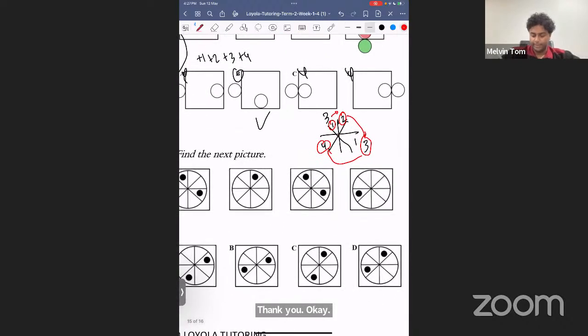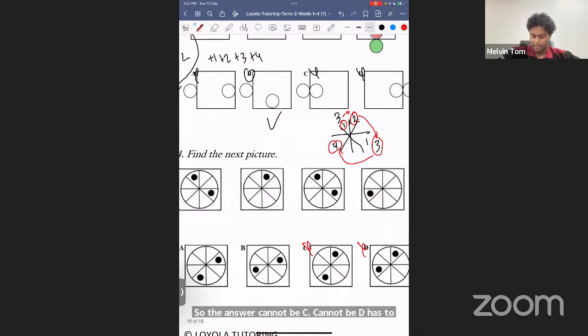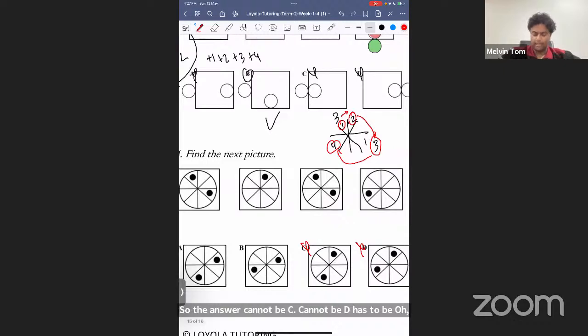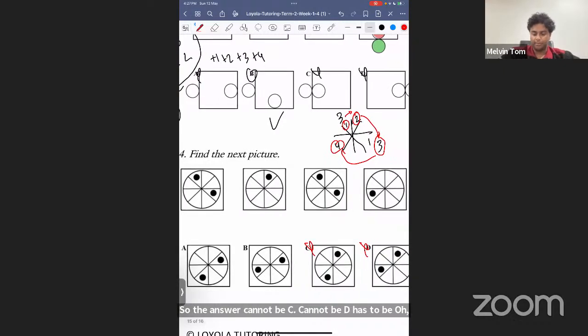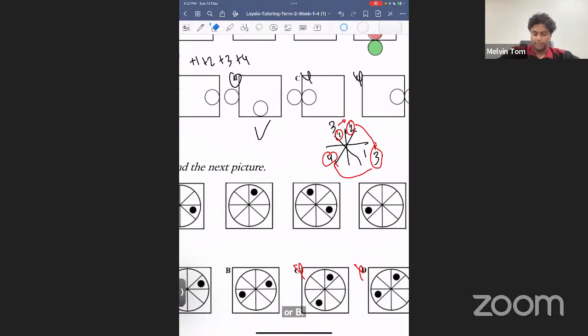So the answer cannot be C, cannot be D, has to be A or B, right? In those positions.